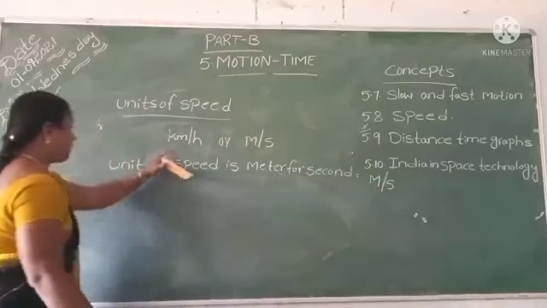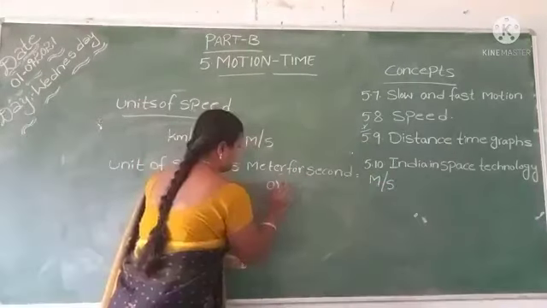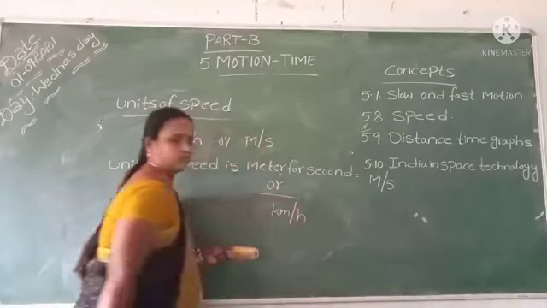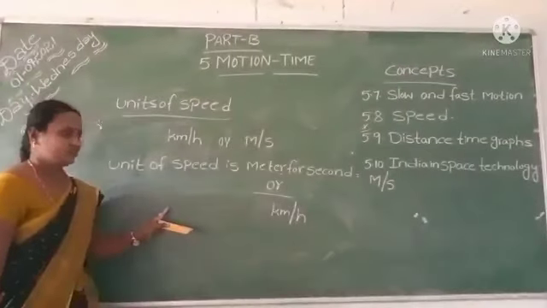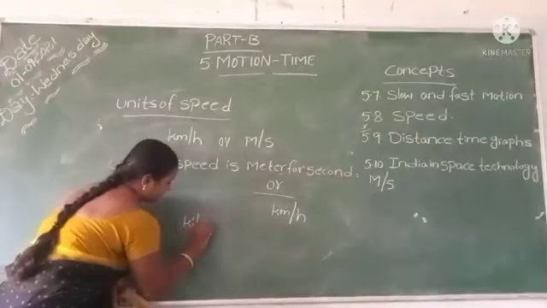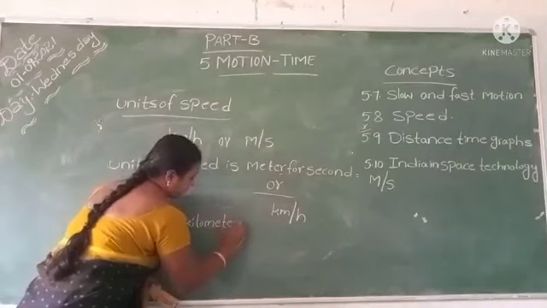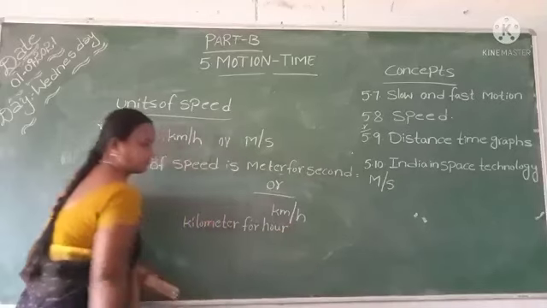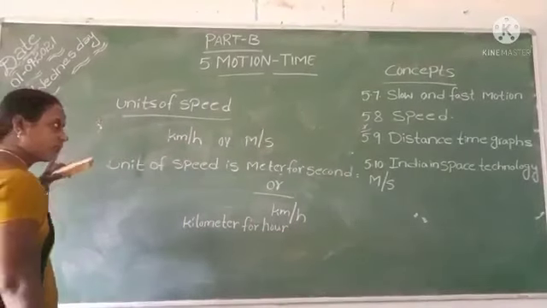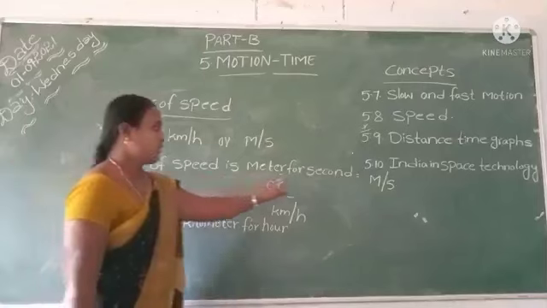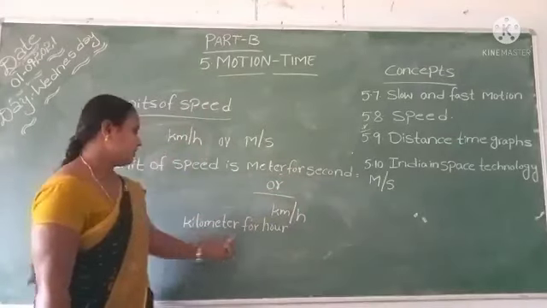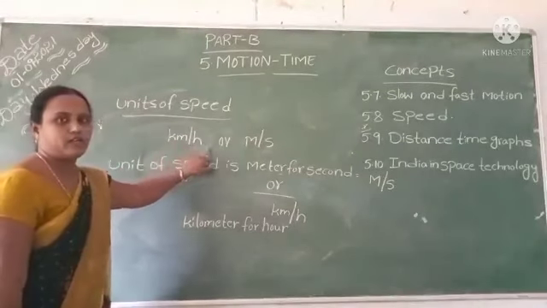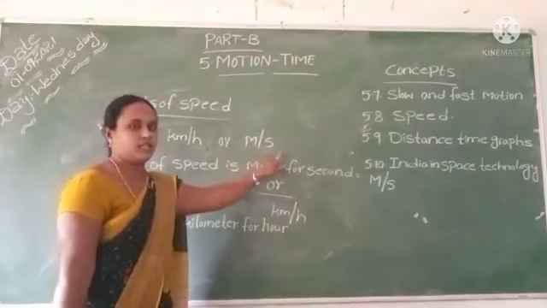Next, unit of kilometer per hour. Unit of speed is meter per second or kilometer per hour. So, what is unit of speed? Kilometer per hour or meter per second.